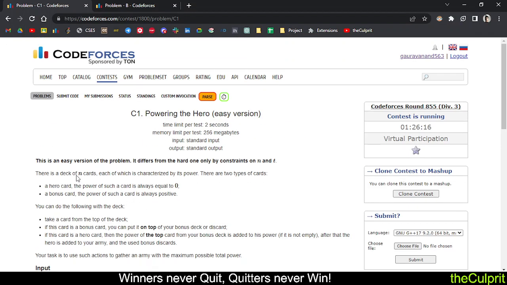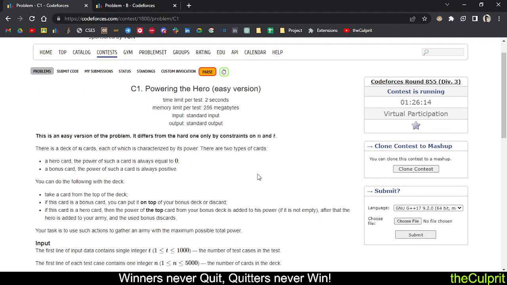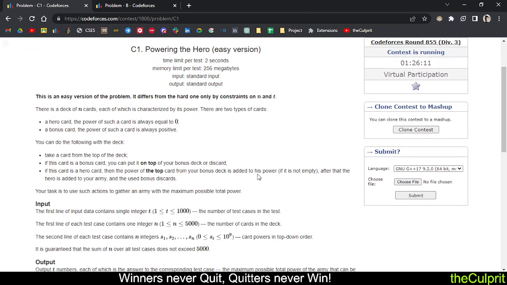I have to consider whether an army with the maximum total.